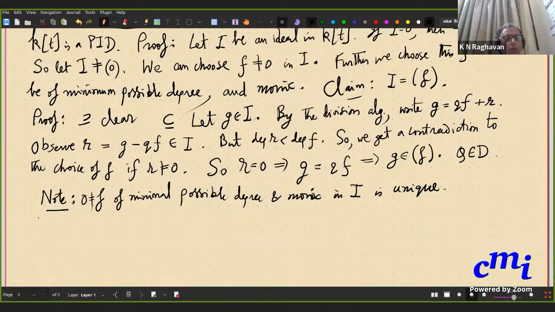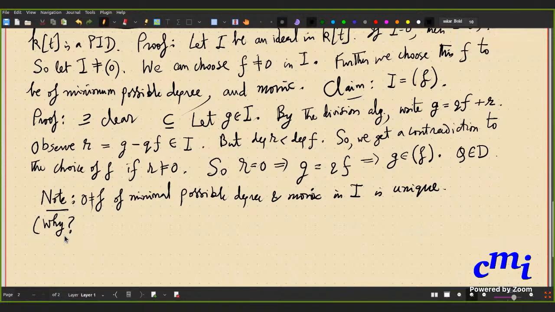Okay. So can somebody tell me why this is so? It follows from the proof. Suppose it has two generators.